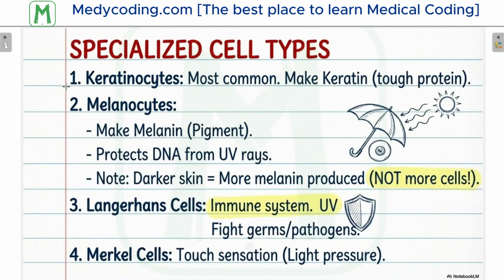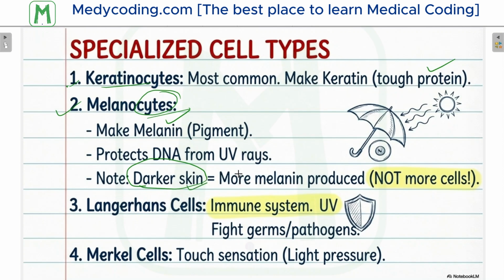The keratinocyte is the cell that makes keratin, a tough protein. The next is melanocyte. We have heard the term melanoma. Melanoma means cancer in the melanocyte. This cell makes melanin, the pigment that gives us color. If a person has more melanin, he has a darker color.